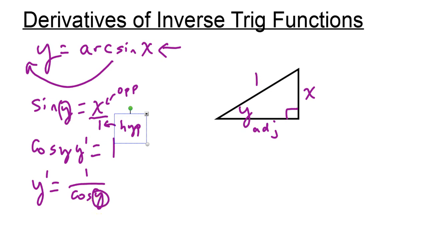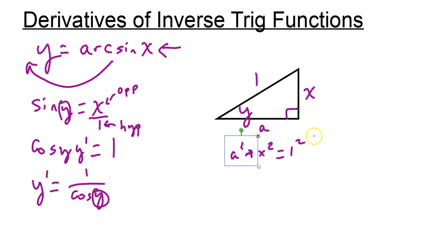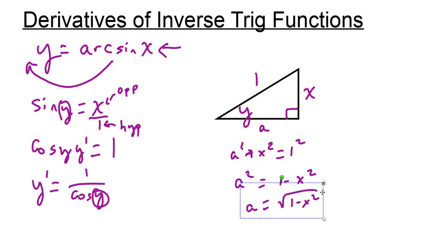Well, again, couldn't we just use our old friend Pythagoras to say that, let's see here, if that's a, doesn't a squared plus x squared have to equal 1 squared? Right? So wouldn't a squared equal 1 minus x squared? So doesn't a equal the square root of 1 minus x squared? Right? So I know that this adjacent side is just the square root of 1 minus x squared.